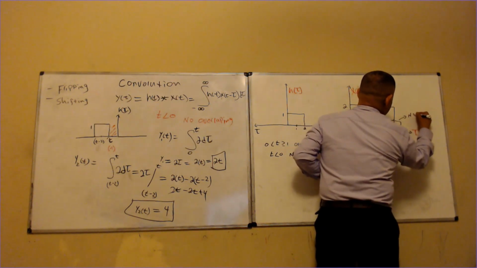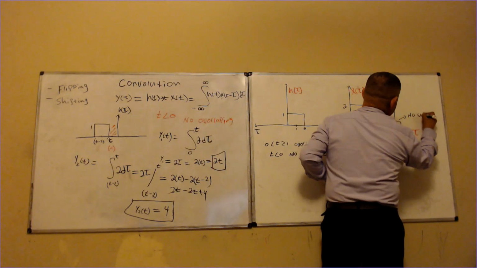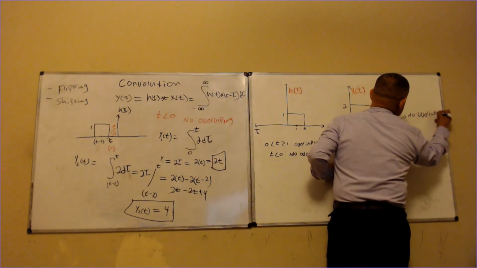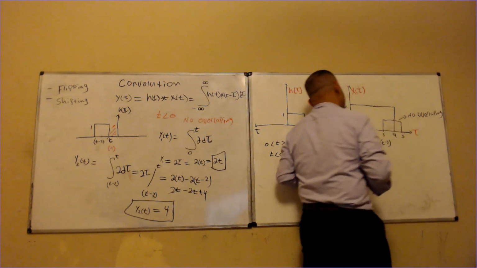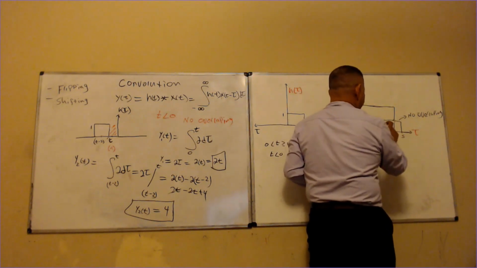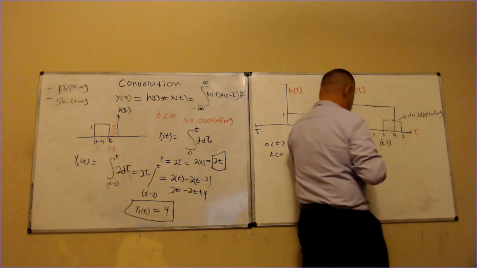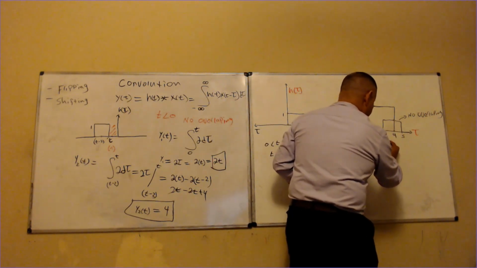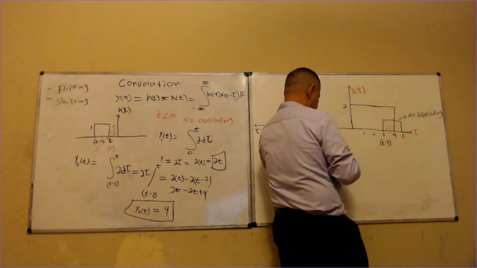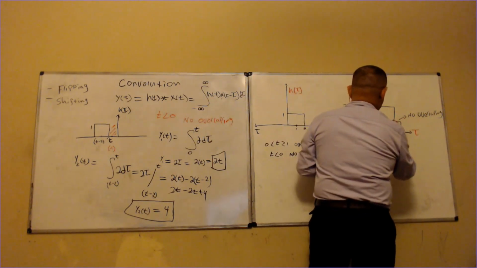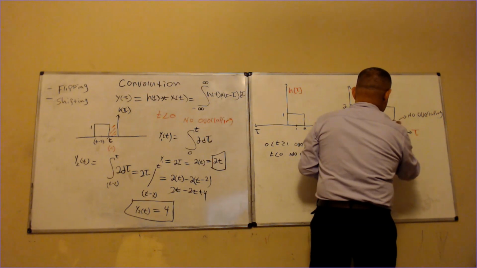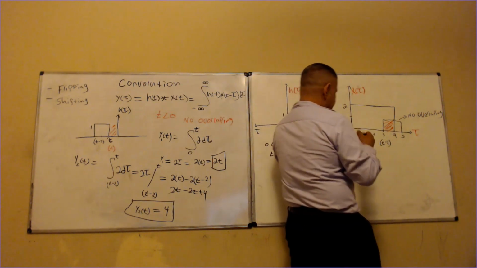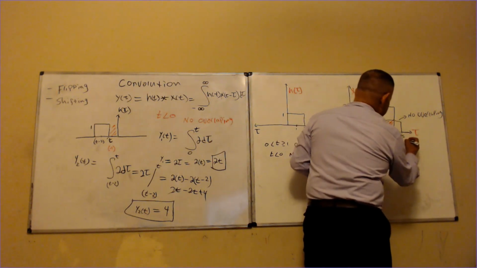So right here there is no overlapping. Right? So no overlapping. But in this case, I have overlapping. From 3 to 4, I have overlapping. So technically t is right here.